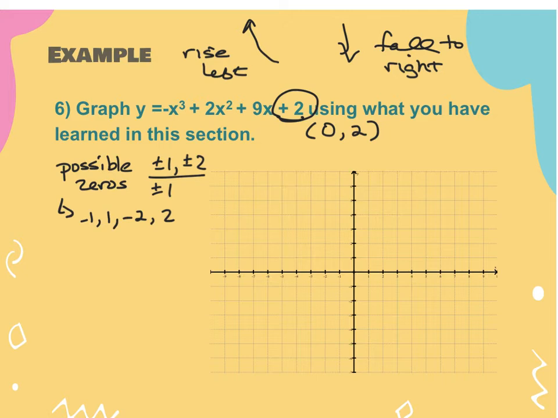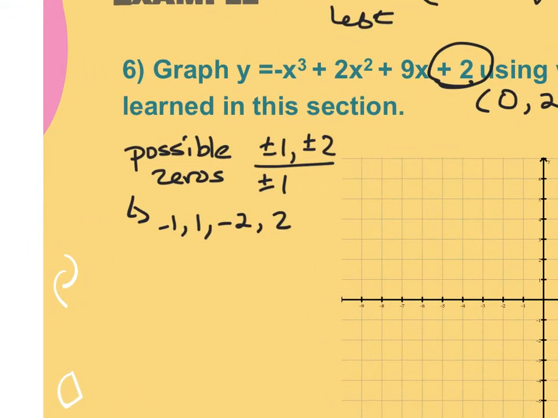And now, if I were not keying this into Desmos, I would start by doing a bunch of synthetic division problems using these 4 numbers. Now, if you have opened up the notes that I just added, the part 2, I'm going to do synthetic division, and the zero I'm using from my possible list is the negative 2.